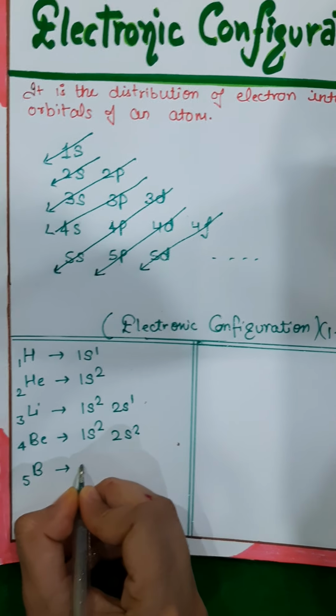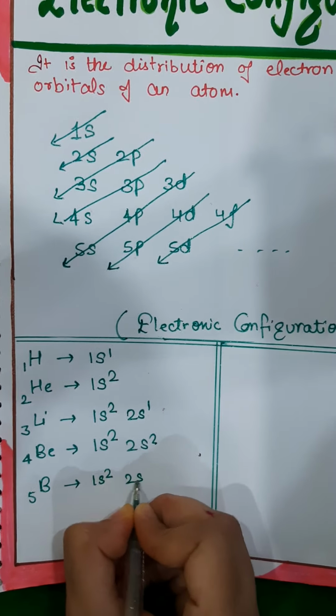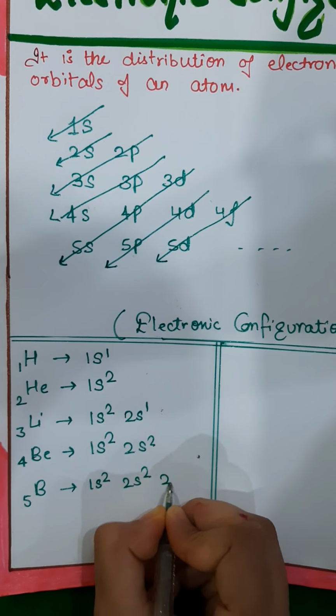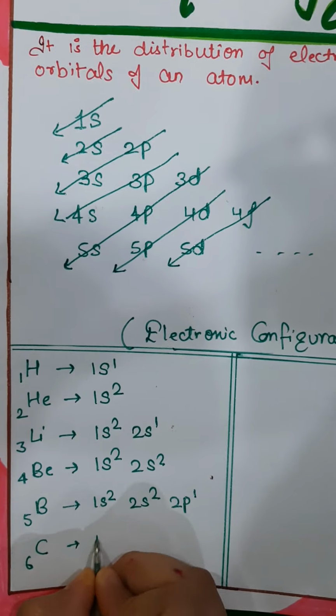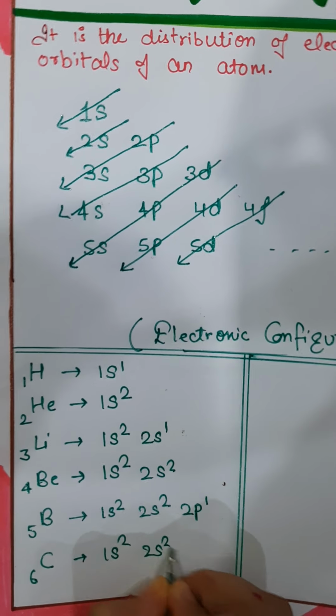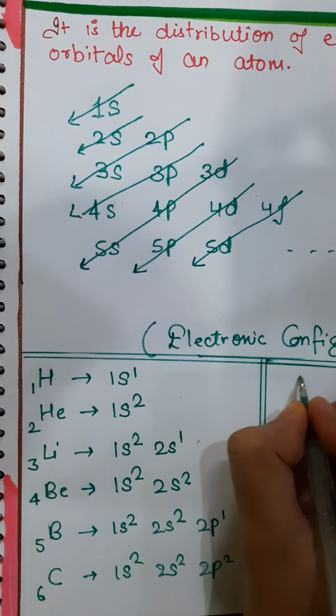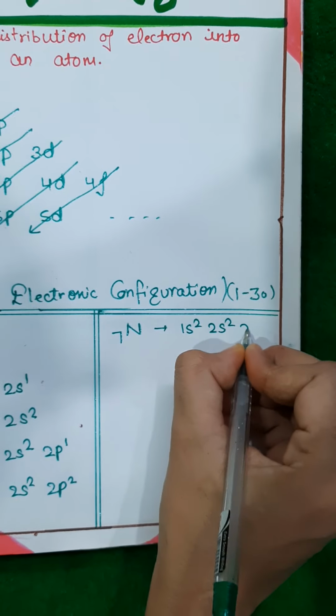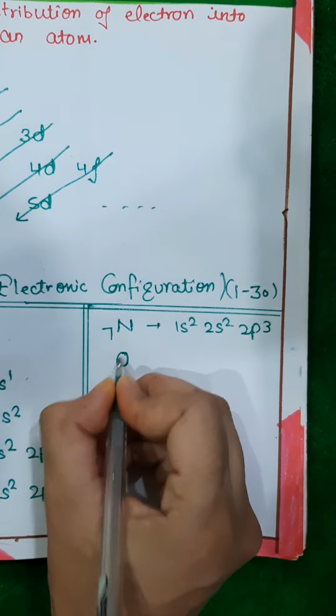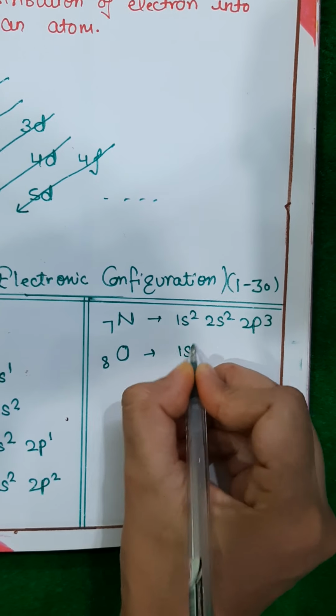Boron, fifth element, 1s2, 2s2, 2p1, and the last one enters the p orbital. Sixth is our carbon. Seventh is our nitrogen. Eighth is our oxygen.